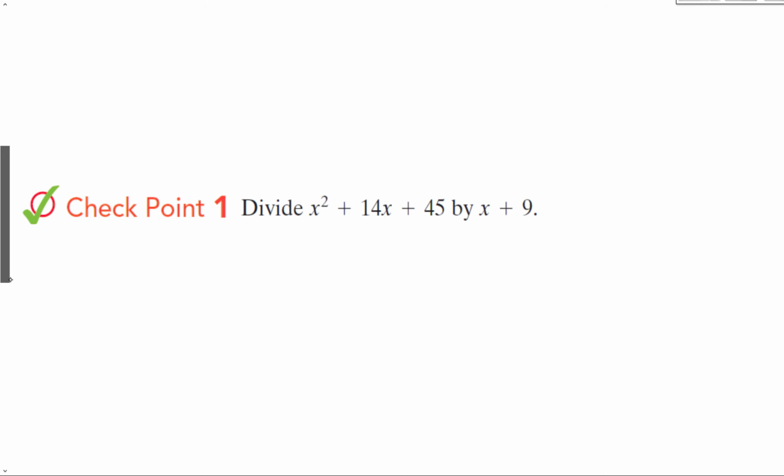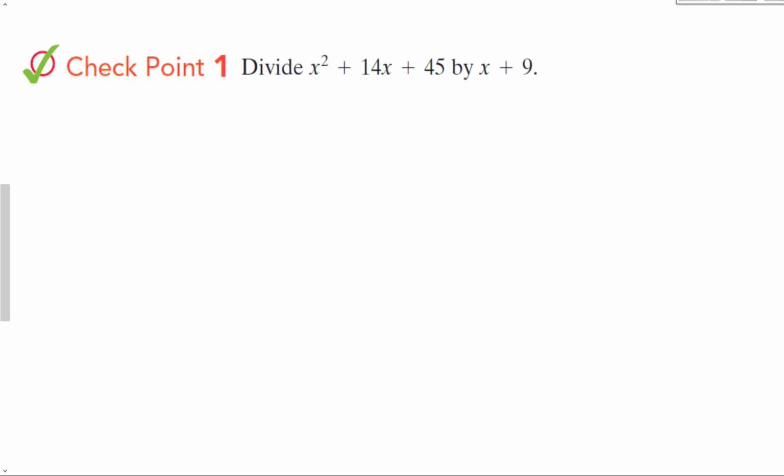Let's try one more. Okay, so we're going to go x plus 9, x squared plus 14x plus 45. Divide, multiply, subtract, bring down. So divide.